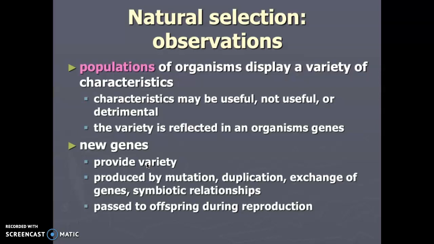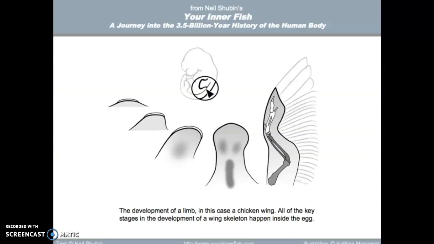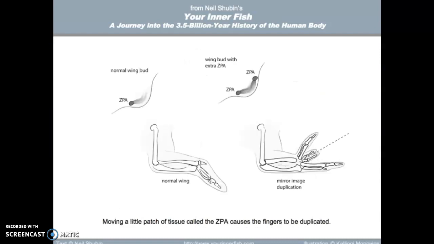Once those new genes exist, they're passed to offspring during reproduction, assuming that reproduction actually occurs. So we have this wide variety of traits. They're inheritable, and this shows you what can happen if a gene, for example, duplicates. Instead of one finger or one digit on this wing, you can get two.